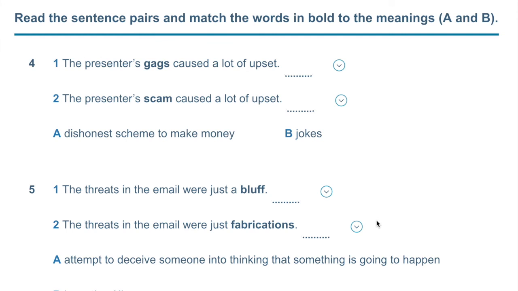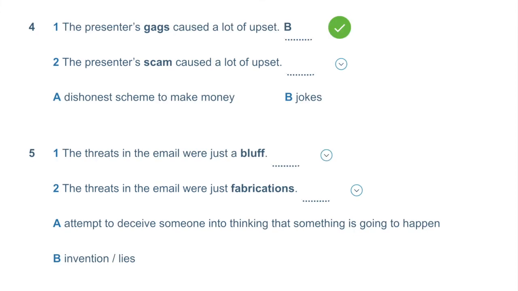Let's see 4. The presenter's gags caused a lot of upset. The presenter's scam caused a lot of upset. So gags and scam. Which one is dishonest scheme to make money? And which one means jokes? Yes, so gags is jokes and scam is dishonest scheme to make money.